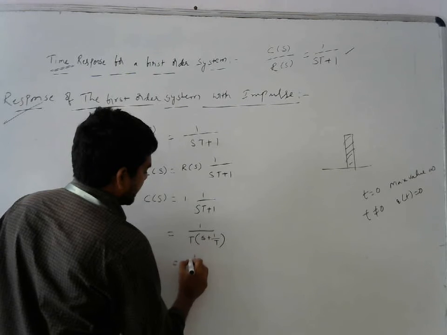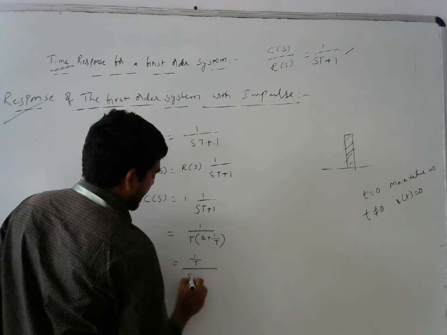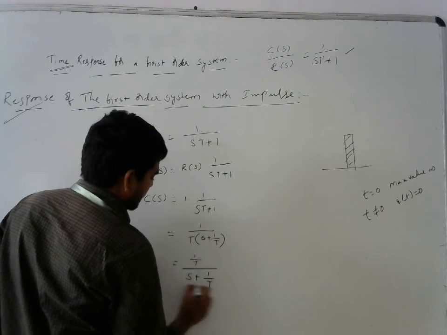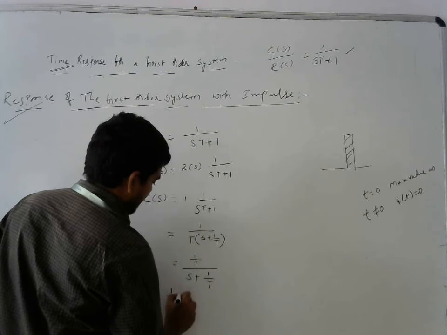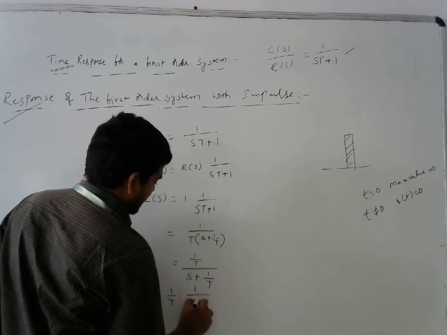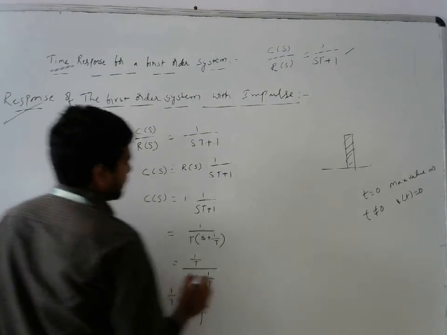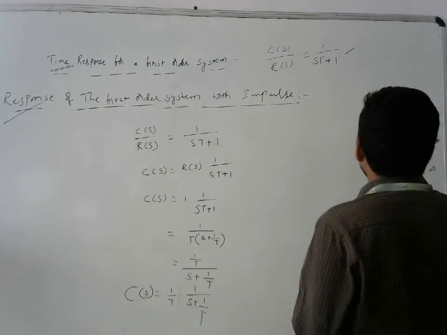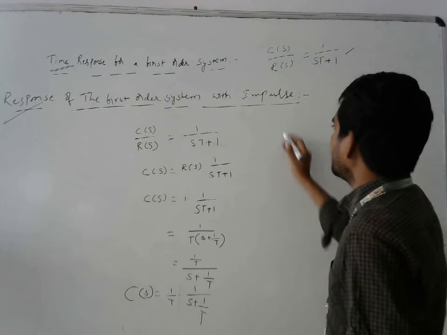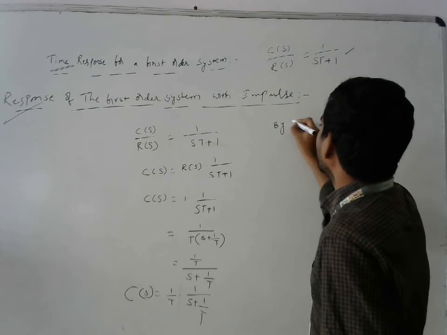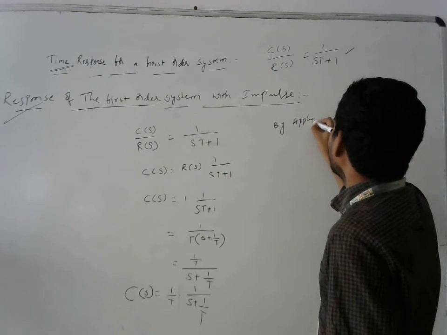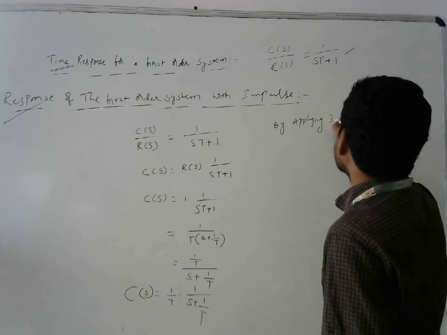So we can write it as 1 by t divided by s plus 1 by t. Now take 1 by t as a constant: 1 divided by s plus 1 by t. Now this is your C of s value, but we require C of t. How are we going to get C of t? By applying the inverse Laplace transform.